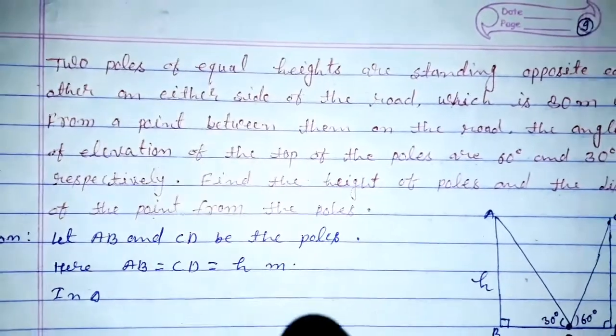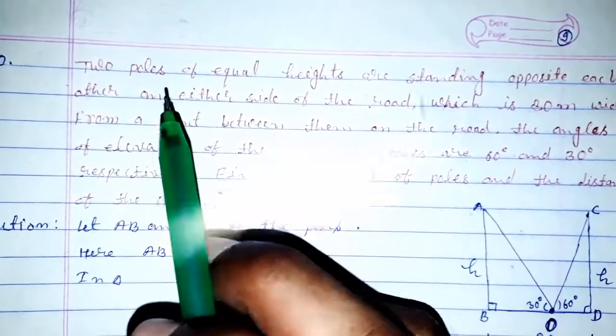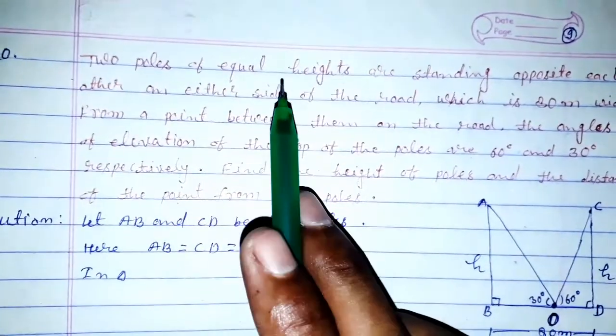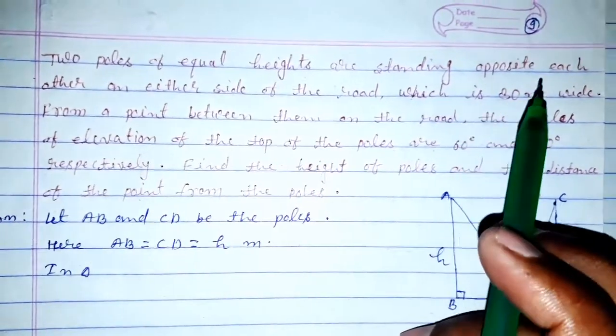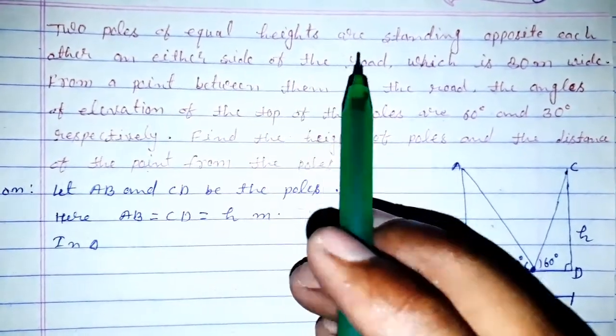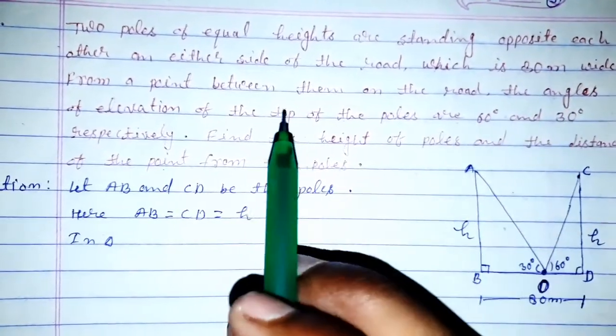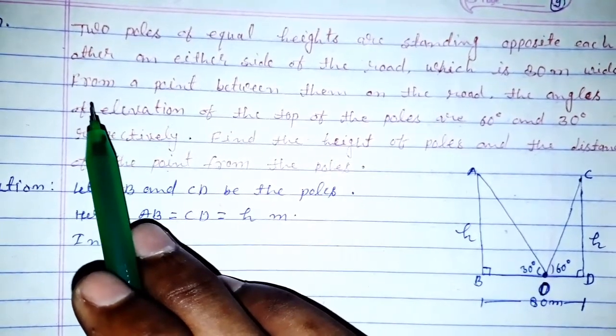Next question is 10th question. Two poles of equal height are standing opposite each other on either side of a road which is 80 meter wide.